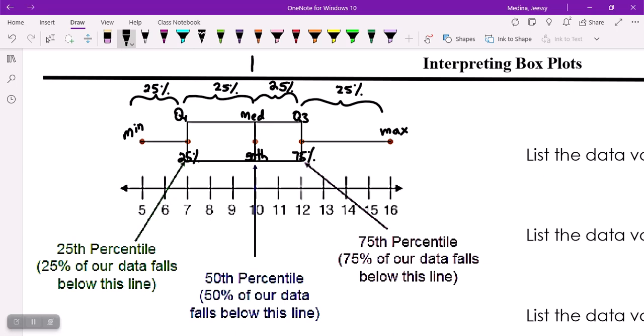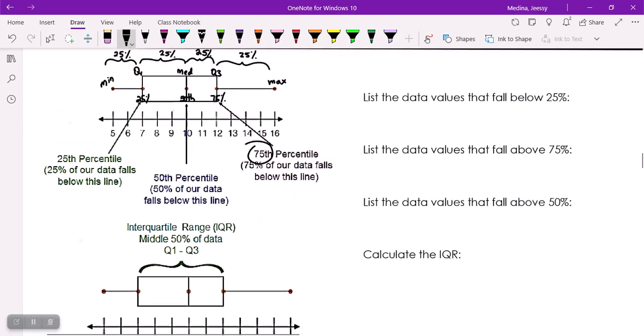At this point, at the median, how much data is below you? 50%, two quartiles. At Q3, how much data is below you? Since you have three quartiles, that's 75%. Okay? And at this point, how much data do you have below you? All 100% of it, okay? All the data. The maximum being the point that's the highest point.